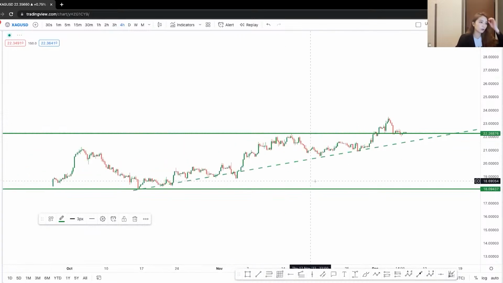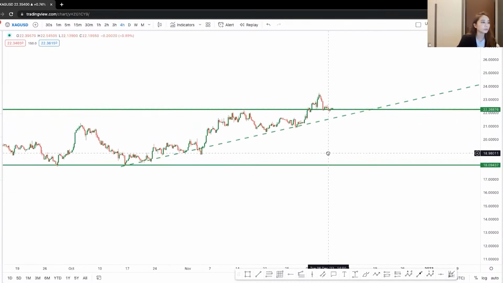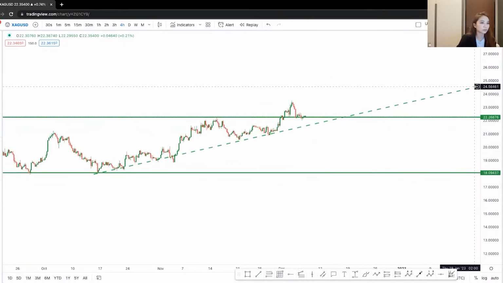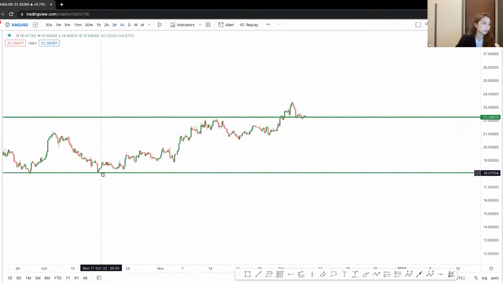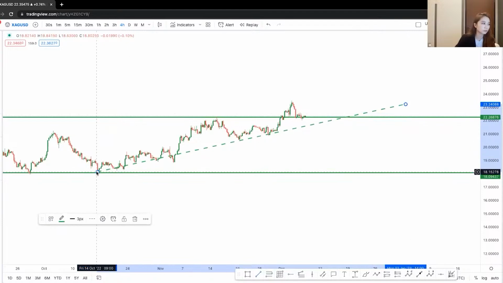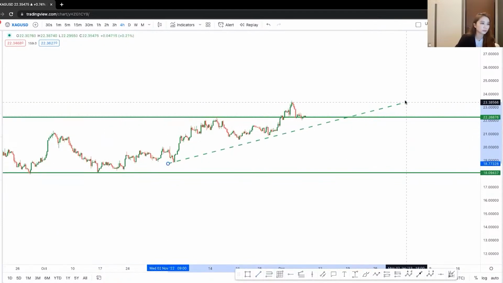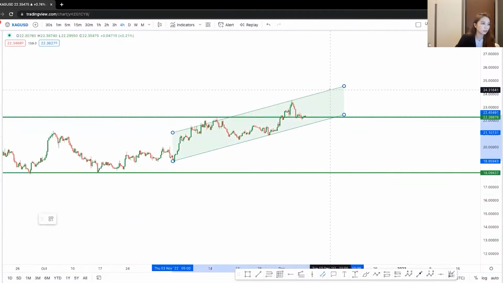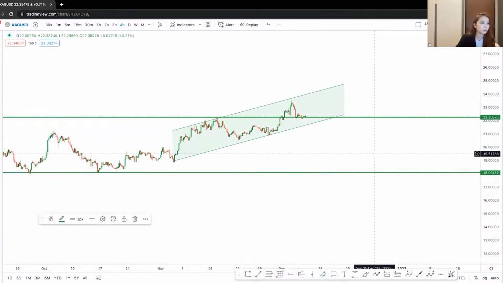Looking at H4, let me just redraw the trend line. Instead of a trend line on H4, it looks like a channel.